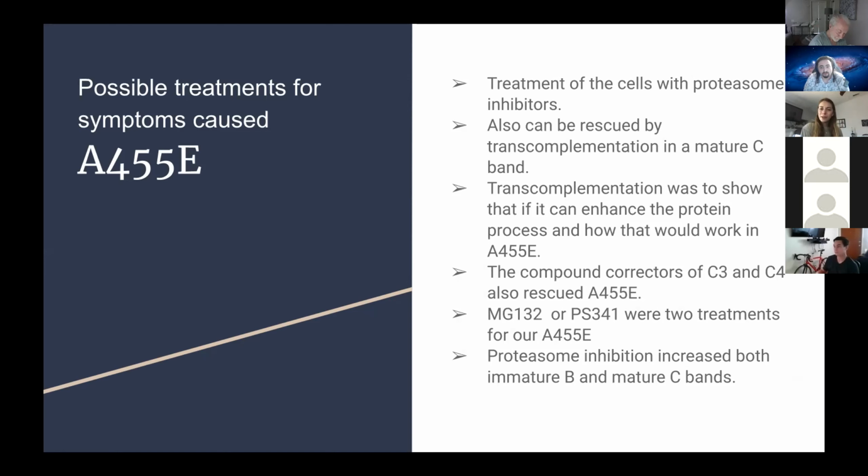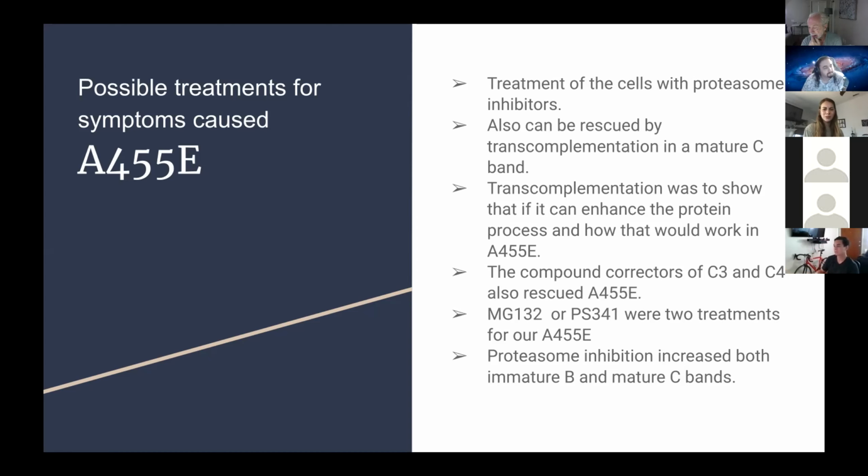It also can be rescued by the transcomplementation in a mature C-band. Transcomplementation was to show that if it can enhance the protein process and how that would work in the mutation. The compound correctors of C3 and C4 also rescued A455E.